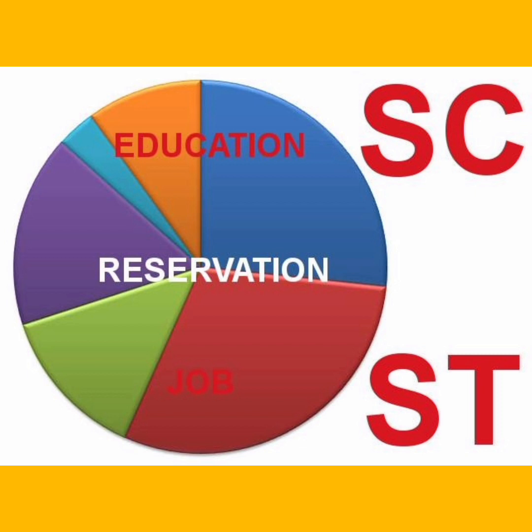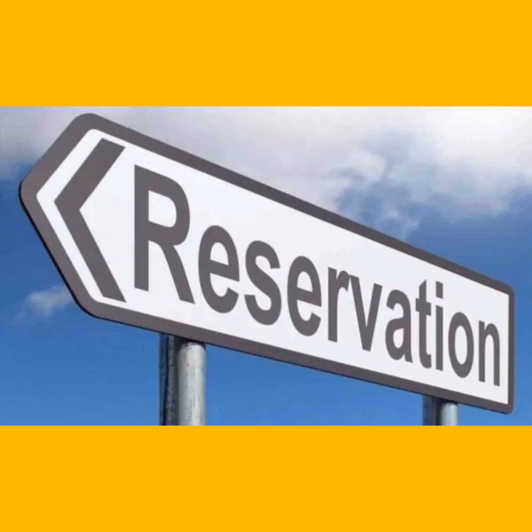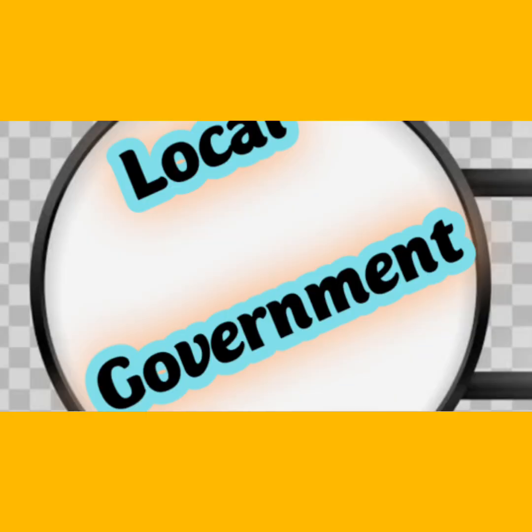Currently, in the Lok Sabha, 84 seats are reserved for the scheduled caste and 47 for the scheduled tribes. The seats are not only reserved in the Lok Sabha, but they are also reserved in the legislative assemblies and at the local level, that is, in the panchayats and the municipalities. In rural and local urban bodies, seats are also reserved for women candidates.